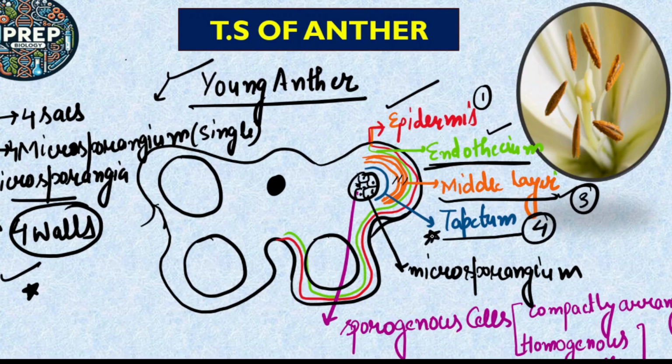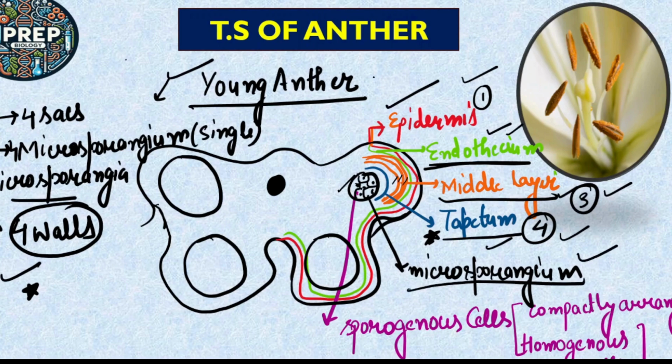This layer is very, very important because it nourishes the pollen grains. So first is the epidermis, second is endothecium, third is middle layer, and fourth is the tapetum. And tapetum surrounds the microsporangium. Is it clear? Tapetum surrounds the microsporangium.